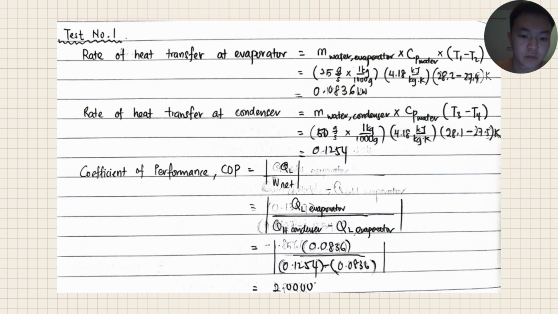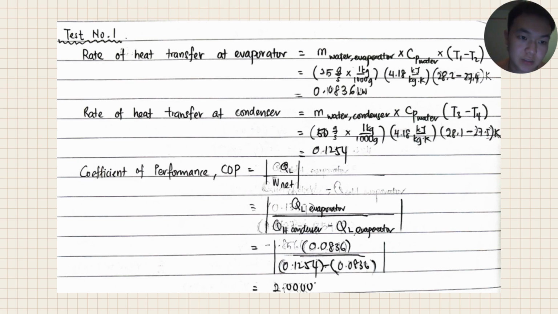This shows the manual calculation using the formula given in discussion one, on the first page, for the rate of heat transfer at the evaporator and condenser, and also the coefficient of performance, COP, of the refrigerator.